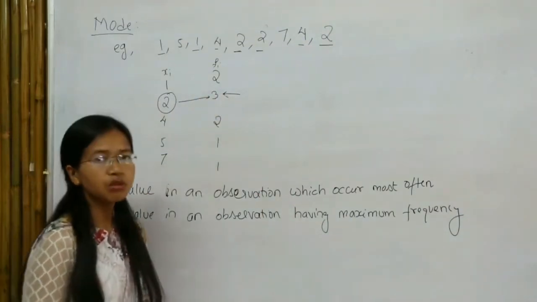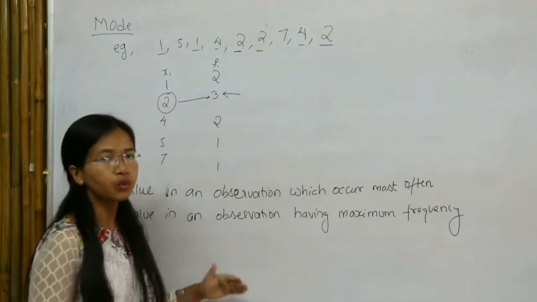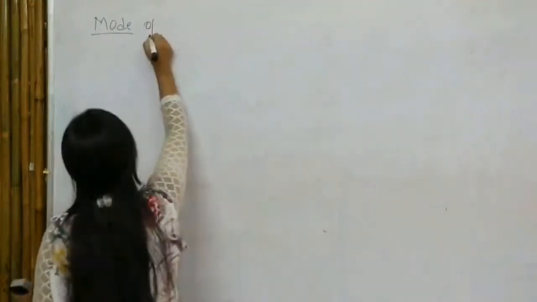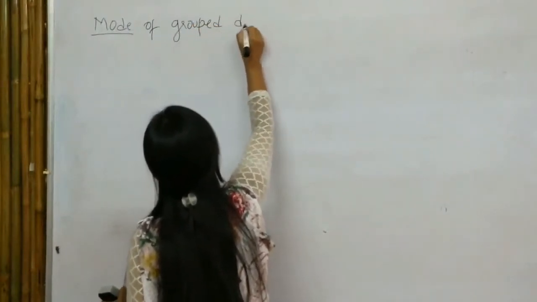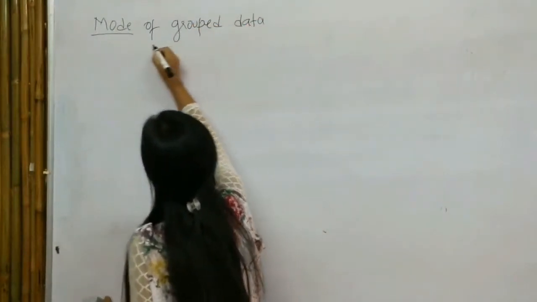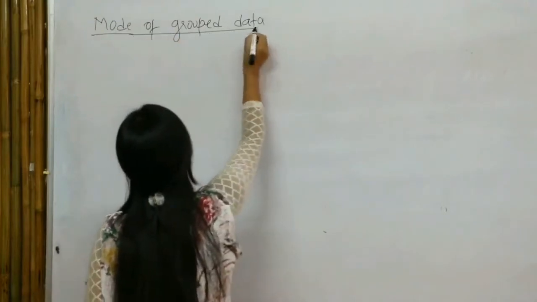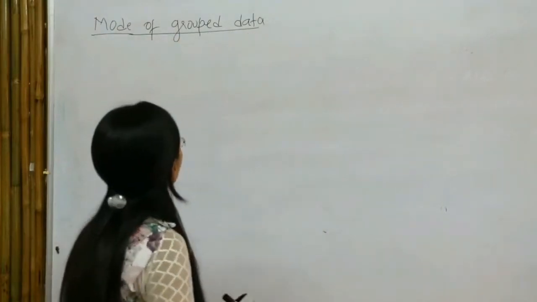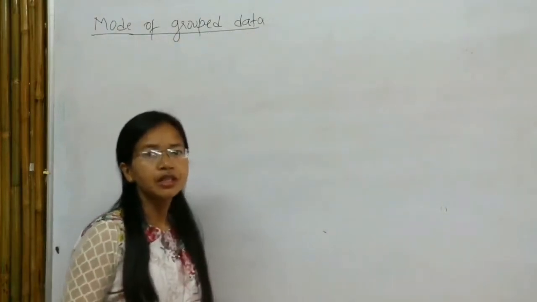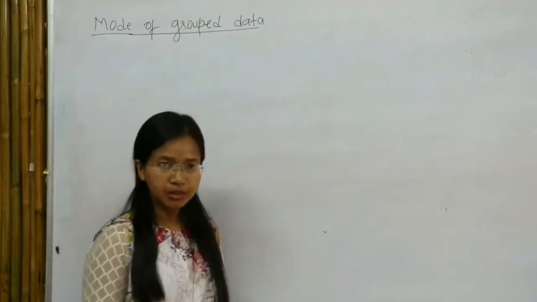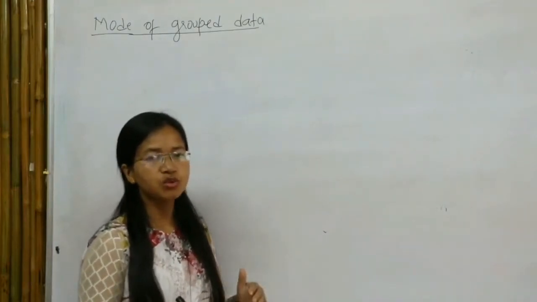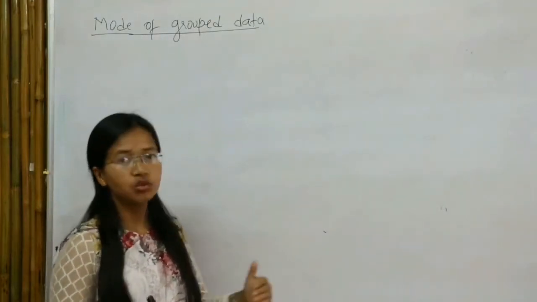Now we will concentrate more on the mode of grouped data. To find the mode of grouped data, we need to have a frequency distribution table, and we need to know the formula.